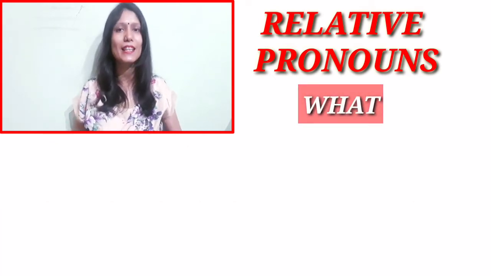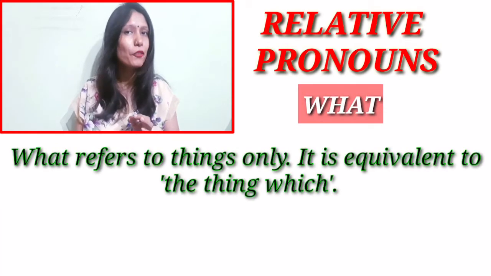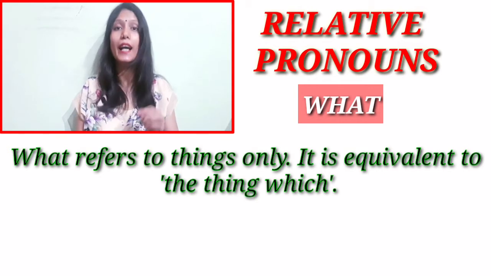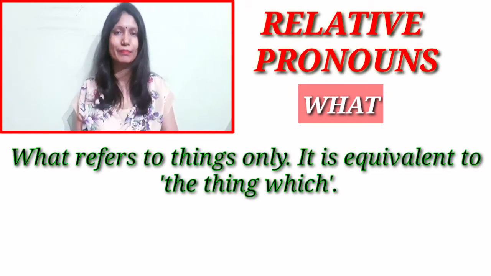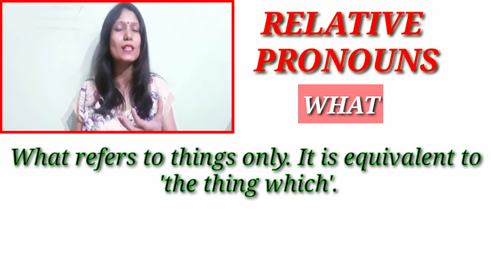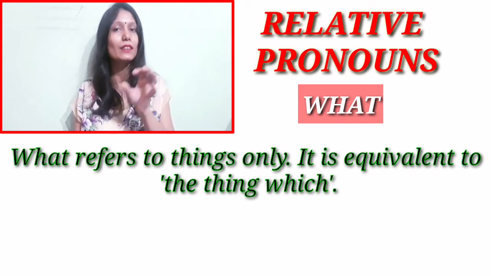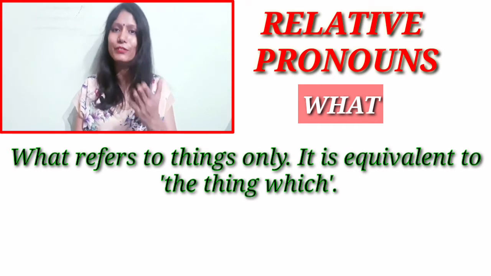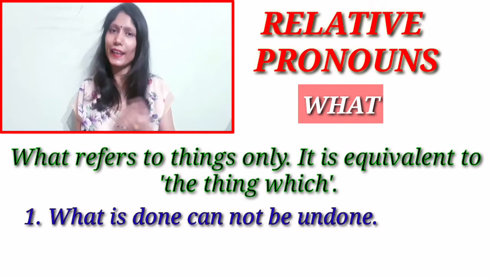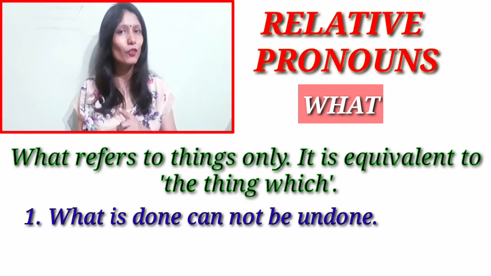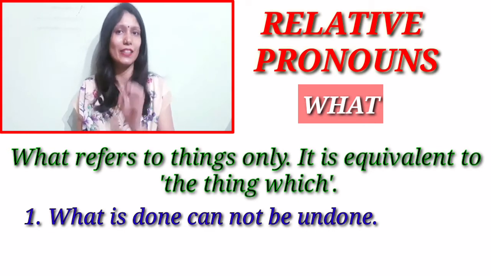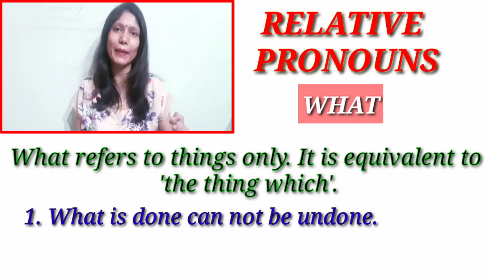Now the next one is what. What refers to things only and is equivalent to the thing which. It means what is used in place of the thing which. For example, what is done cannot be undone. Here what means the thing which is done cannot be undone.